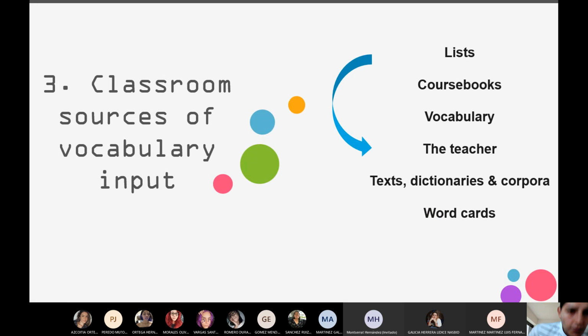Now, regarding teaching, what are the resources for vocabulary input?